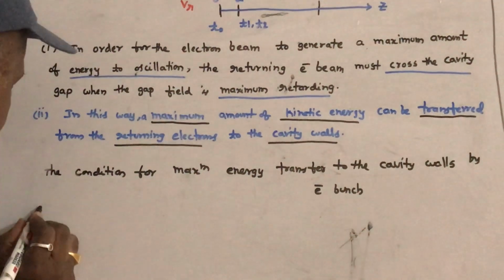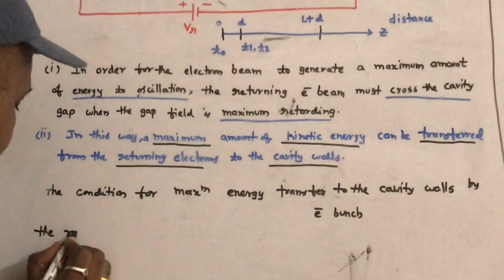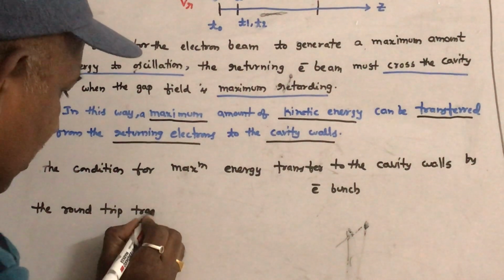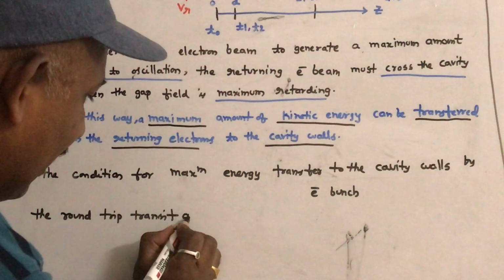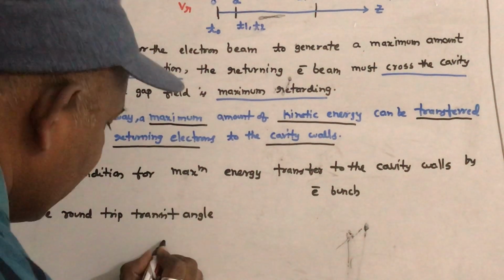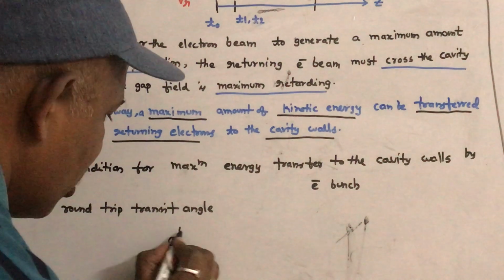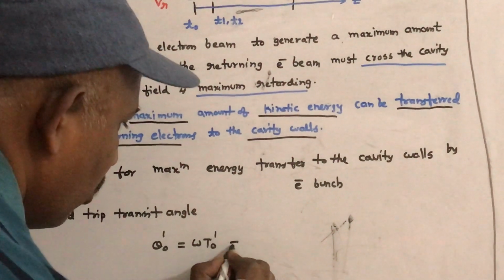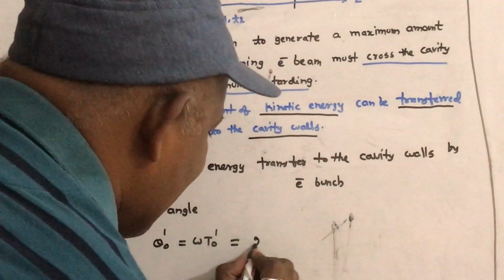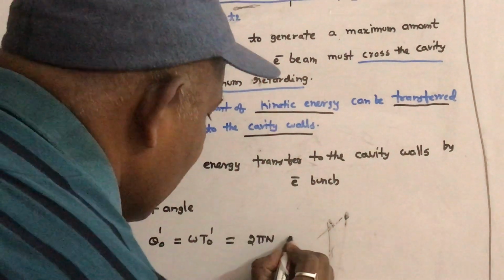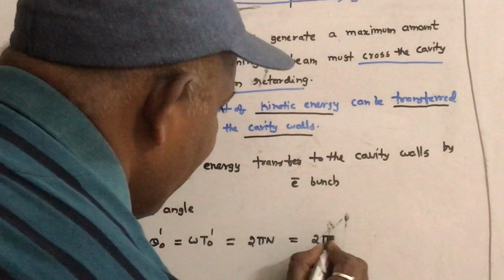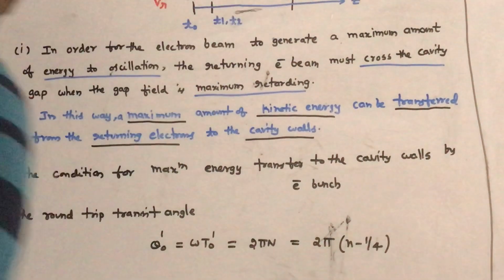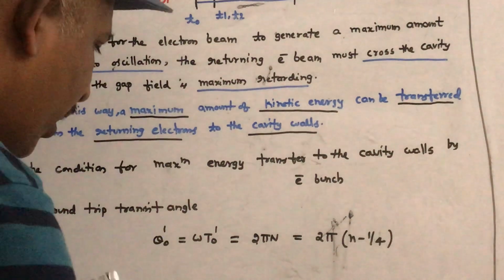Remember the round trip transit angle, which is represented by theta 0 dash. Theta 0 dash is equal to omega into t0 dash, which is equal to 2 pi N, which is equal to 2 pi into (n minus 1 by 4), replacing capital N by n minus 1 by 4. This is a very important condition.